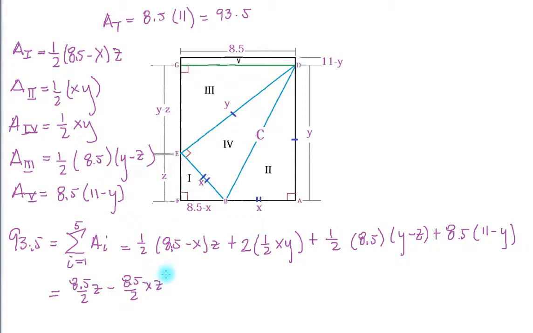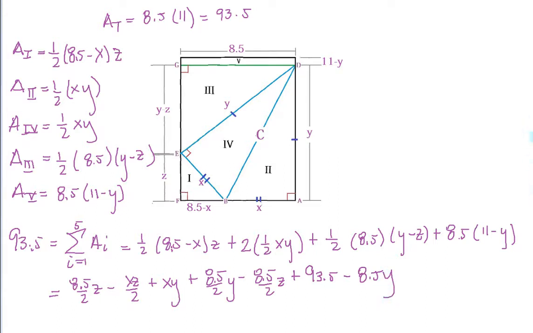Oh, excuse me, it's just xz over 2, plus xy, plus 8.5 over 2 y, minus 8.5 over 2 z, plus 8.5 times 11, which we already know is 93.5, minus 8.5 y.